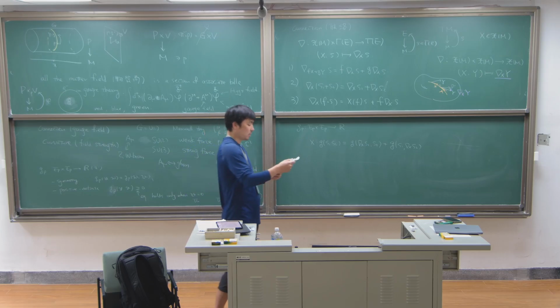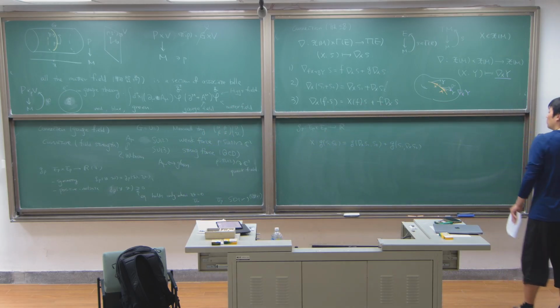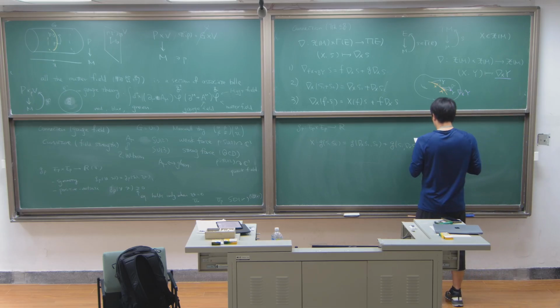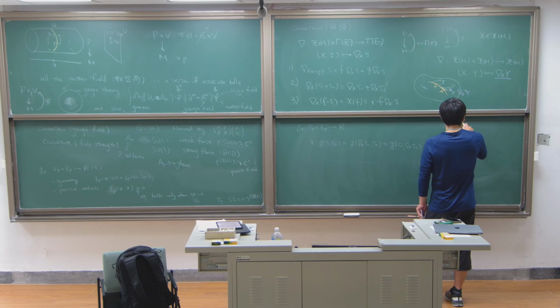And in physics, one always likes to introduce the basis. So if you have a fiber, locally you have a trivialization. U alpha, and its inverse, with transition T alpha.